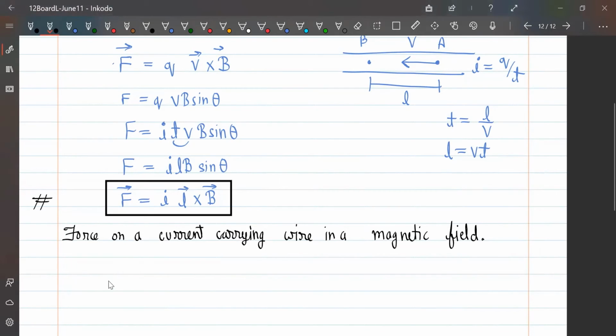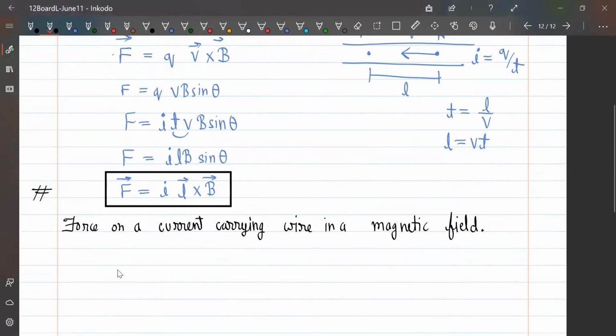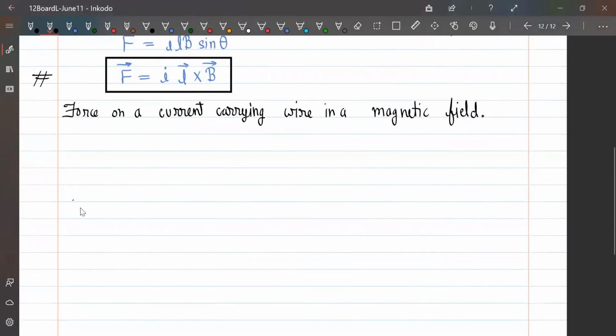If you want to find the force in a small region, meaning the wire is curved, and let us say your magnetic field is into the plane and the wire is curved like this.